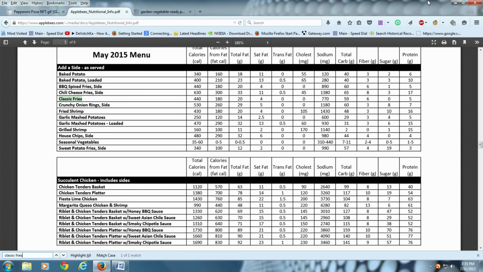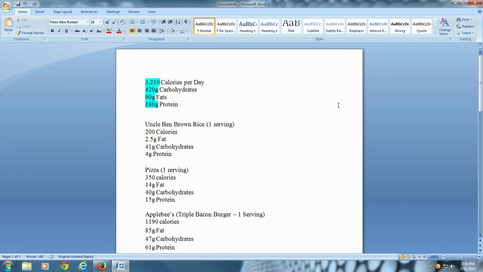So what I went ahead and did is made a little Word document to show you how this applies. Here we have the amount of calories that I consume on a daily basis: 3,210 calories per day. I have 420 grams of carbs, 90 grams of fat, and 180 grams of protein.